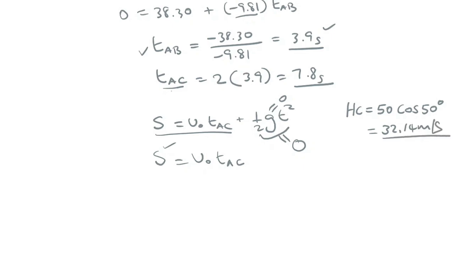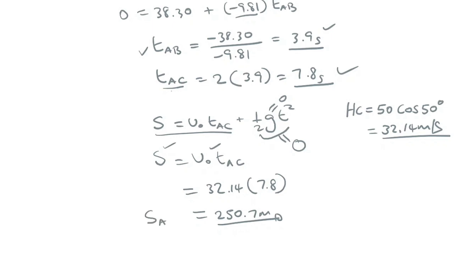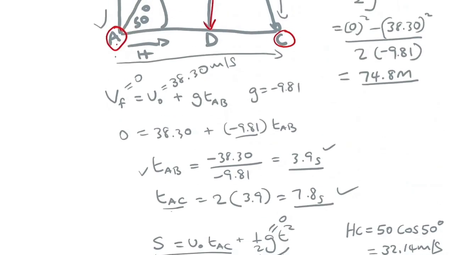That's the horizontal velocity we're gonna use here. Then the time, 7.8, gives 250.7 meters. That's the horizontal distance, the distance from A to C that they were looking for.